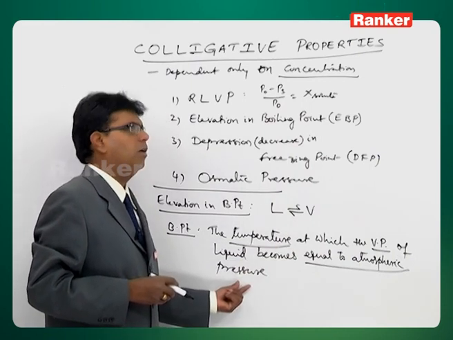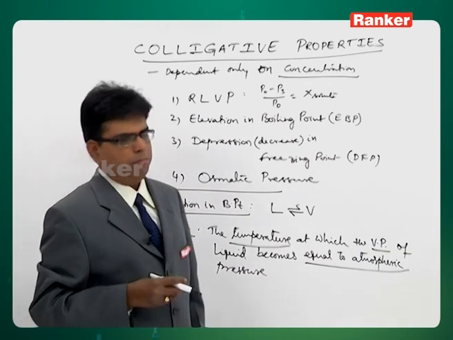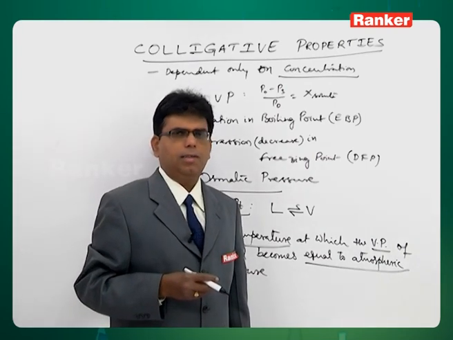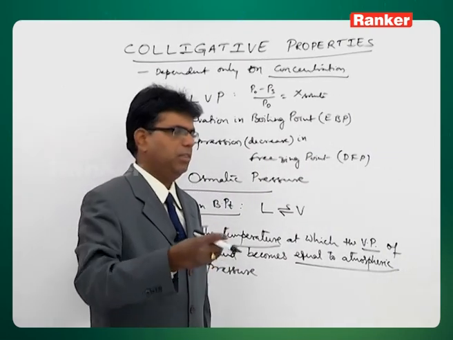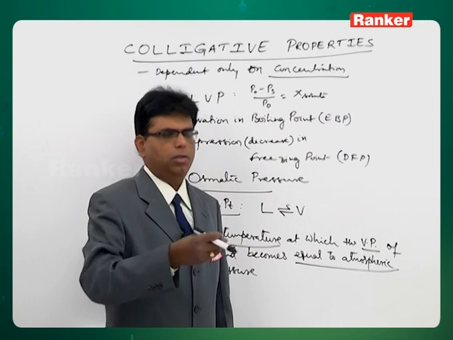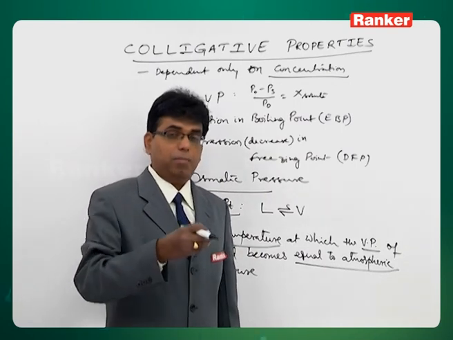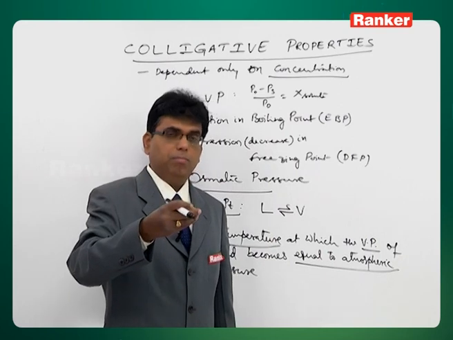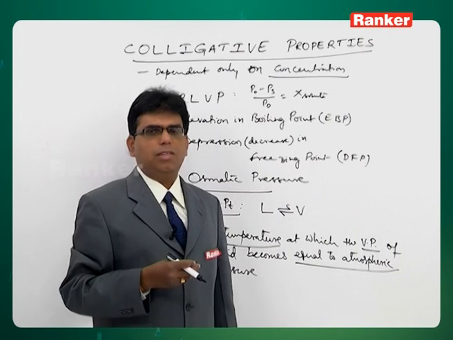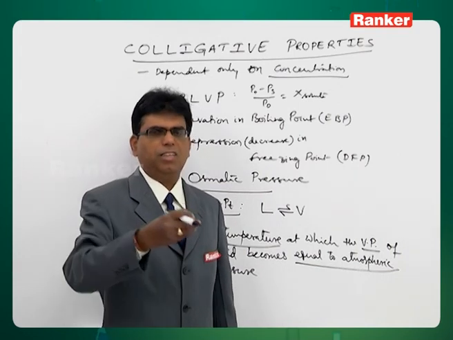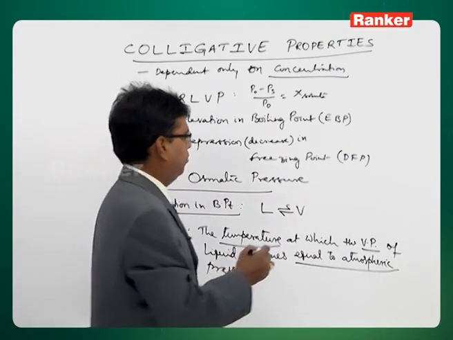So, the boiling point is the temperature at which the vapor pressure of a liquid becomes equal to atmospheric pressure. Take the example of water at 27 degrees Celsius: it has a certain vapor pressure of about 15 mm or 13.8 mm. But as we keep raising the temperature from 300 Kelvin to 373 Kelvin, that is 100 degrees Celsius, its vapor pressure increases to 760 mm.